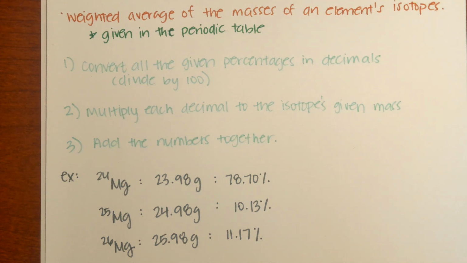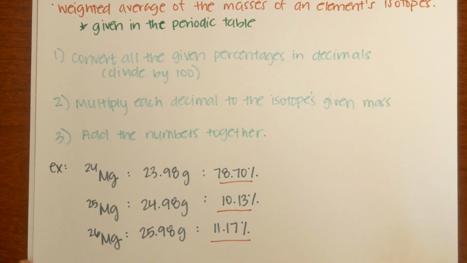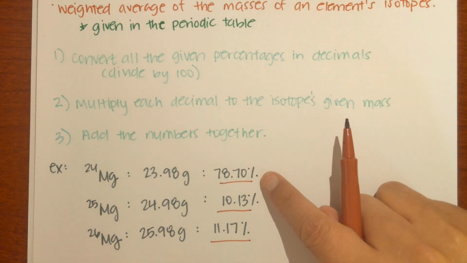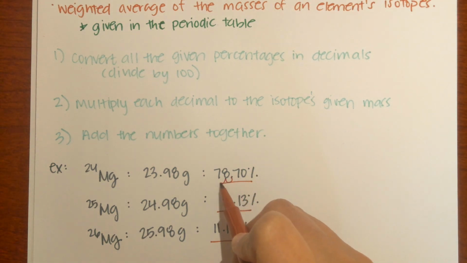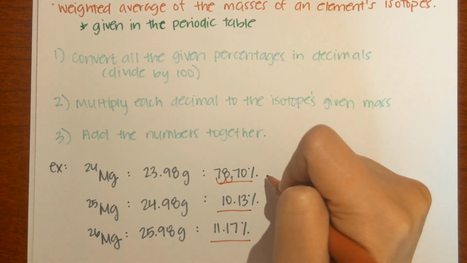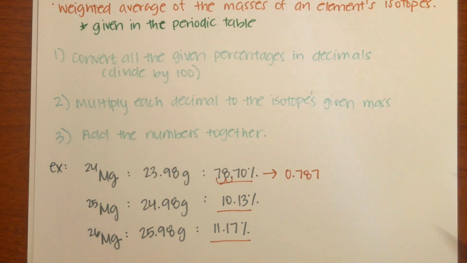Step 1 says convert all the given percentages into decimals. By percentages, I mean these percentages. You should know how to convert to decimals: percent means out of 100, so to convert back to decimal, you divide by 100, or you simply move the decimal place twice to the left. So 78.7% turns into 0.787.